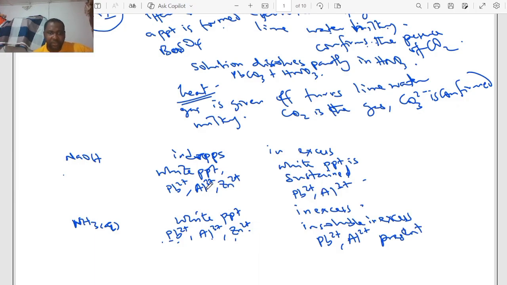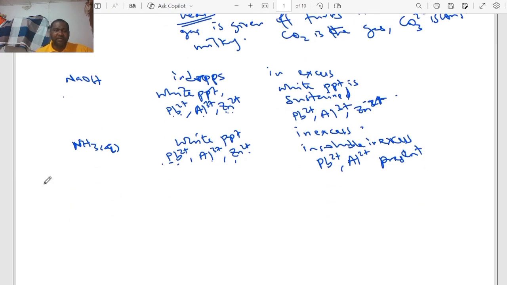Now I need to make a correction to the first one. Lead ion, aluminum ion, and zinc ion, all of them are amphoteric, so they dissolve in excess sodium hydroxide. What that means is that even zinc ion is going to be suspected here.